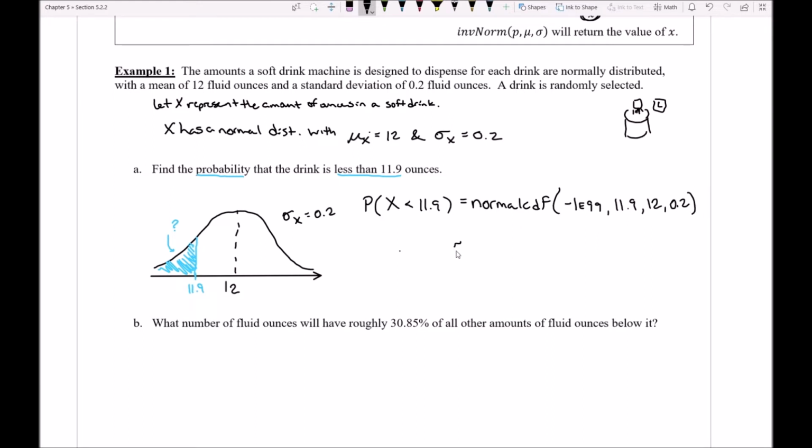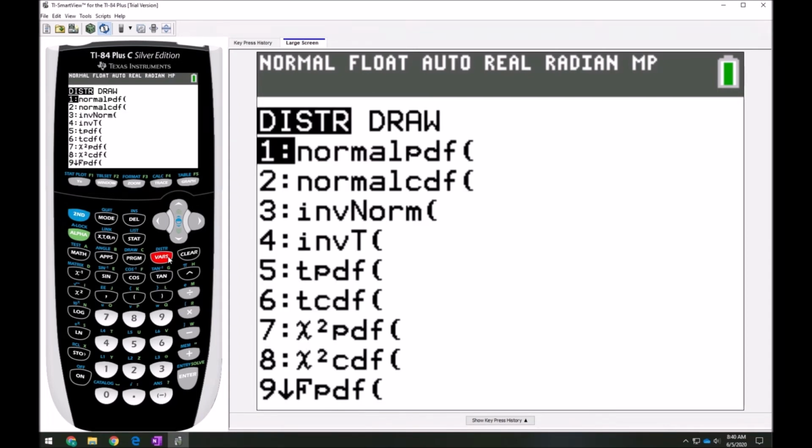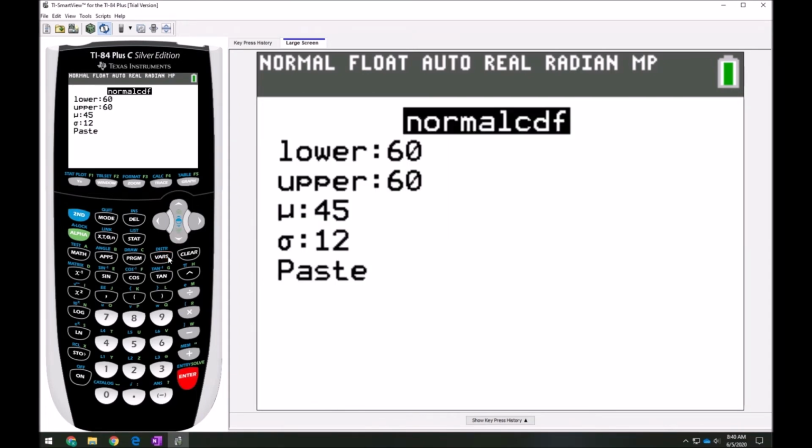Now I can go to my calculator and actually figure out what that percentage is. So once here, I can click second, vars. Then I'll do Normalcdf. I'm going to click negative 1E99. I'll go all the way up to 11.9, 12, and 0.2.